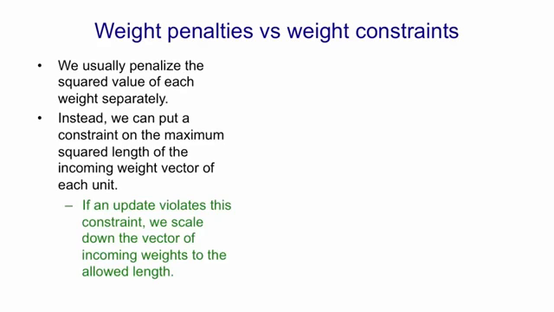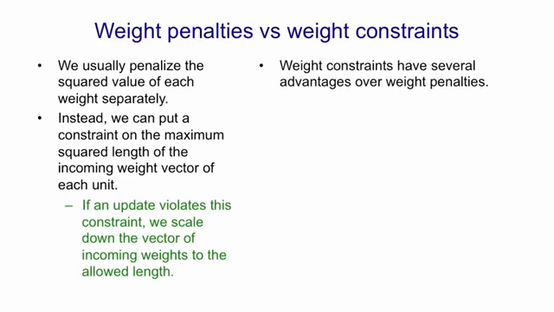When we update the weights, if the length of that incoming vector gets longer than allowed by the constraint, we simply scale the vector down by dividing all the weights by the same amount until its length fits the allowed length. Using weight constraints like this has a number of advantages over weight penalties, and I found they work noticeably better.